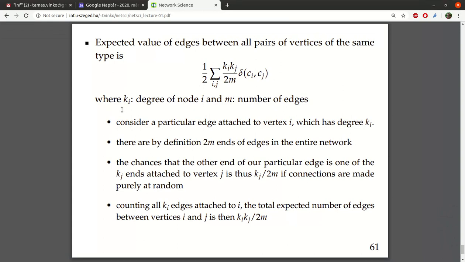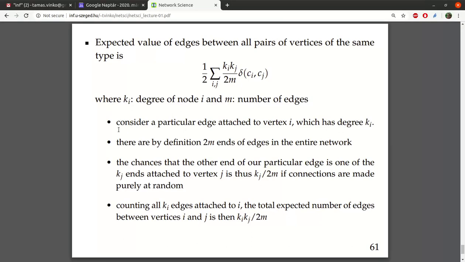Just as a reminder, with k sub i we denote the degree of node i, and m was the number of edges in the entire graph. Now consider a particular edge which is attached to a vertex i, and this vertex i has a degree equal to k sub i.